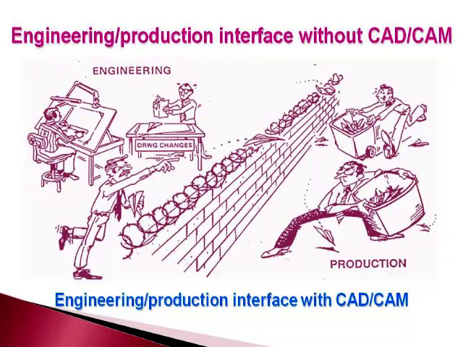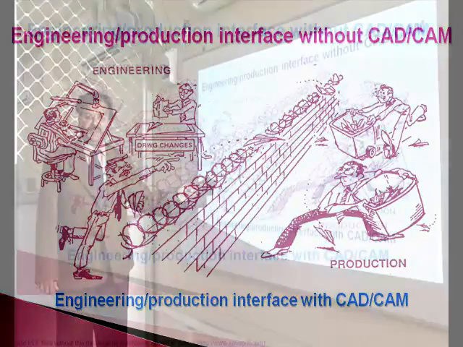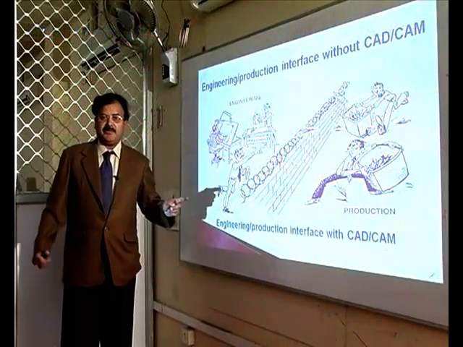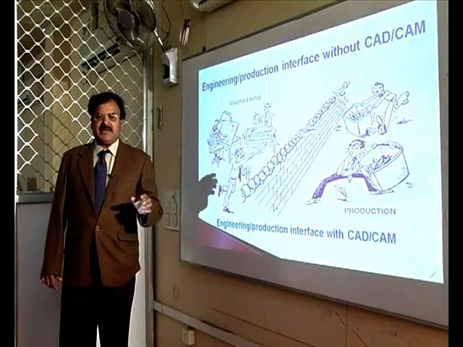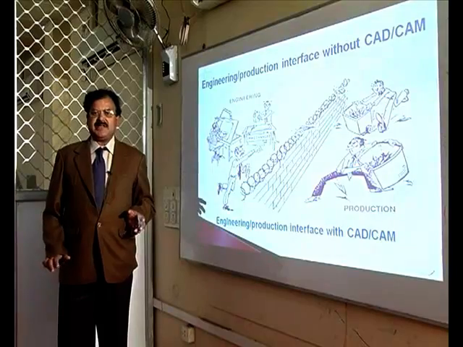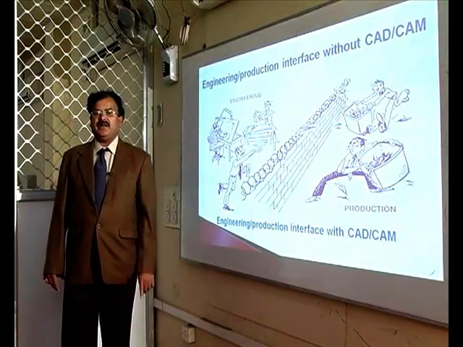That means these design people, they feel that they are good, they are proficient, and they do the design. And manufacturing people say that such tight tolerances or such design changes cannot be accommodated on the existing facilities. So they throw the design back to the design people to modify the changes. These people modify and again throw it back.